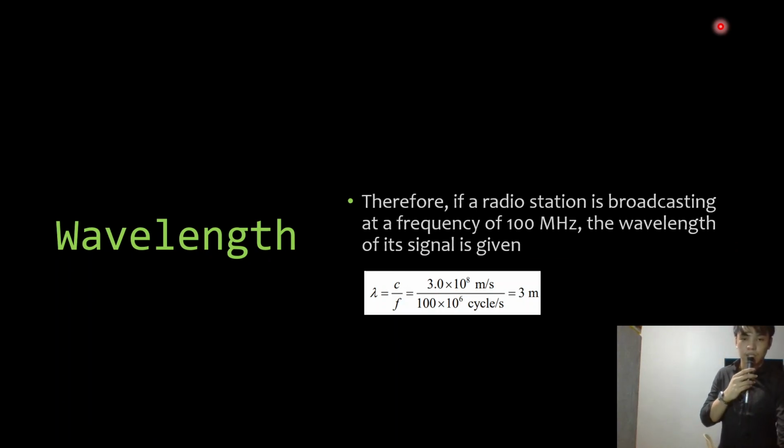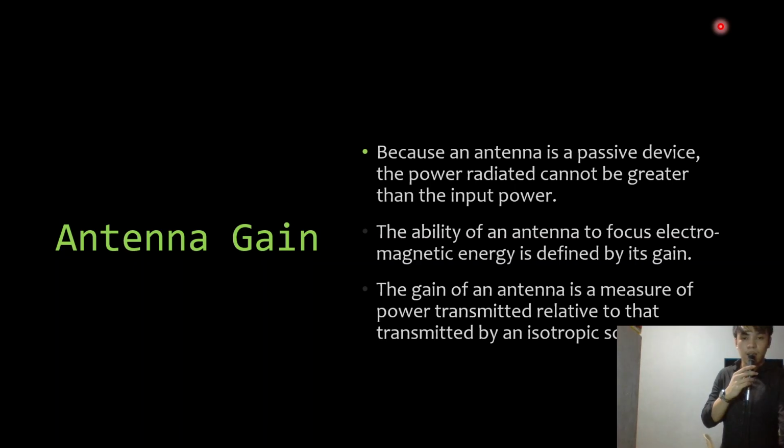which is equal to 3 meters. So antenna gain: because an antenna is a passive device, the power radiated cannot be greater than the input power. The ability of an antenna to focus electromagnetic energy is defined by its gain, and the gain of an antenna is a measure of power transmitted relative to that transmitted by an isotropic source.